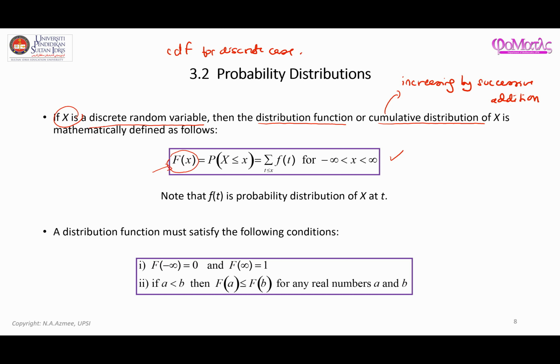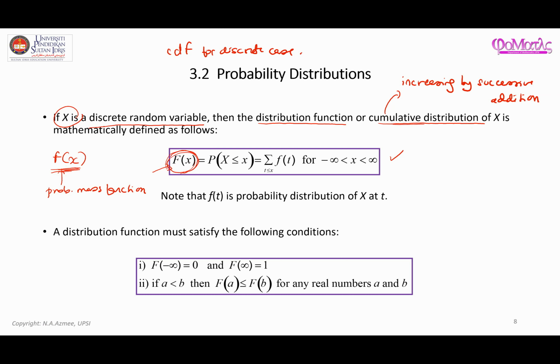Notice the difference between this one and probability mass function. This represents cumulative distribution, and if you have small fx, this one is probability mass function.